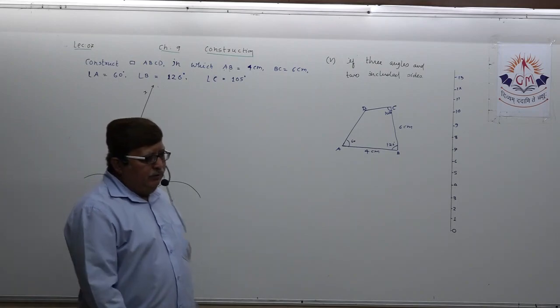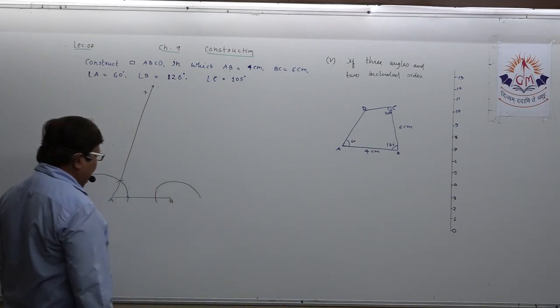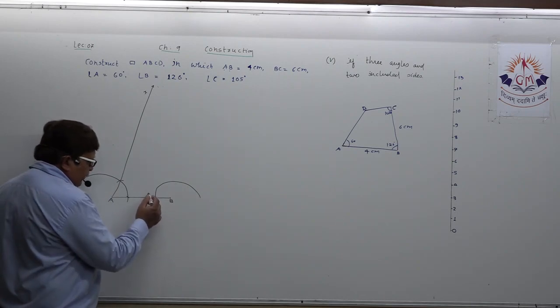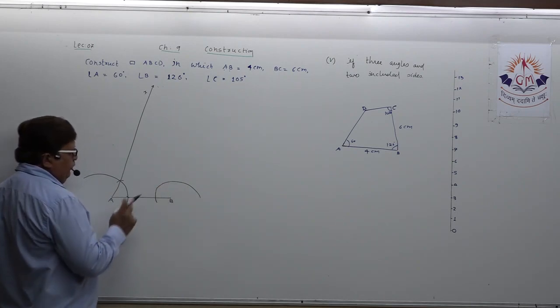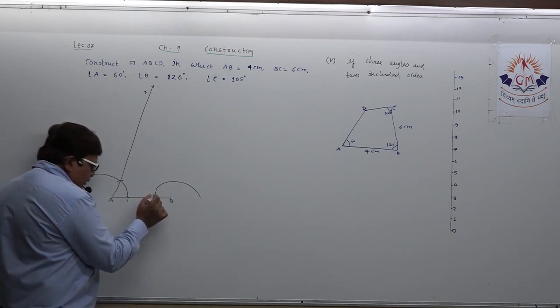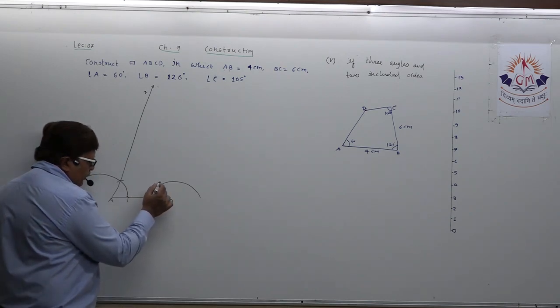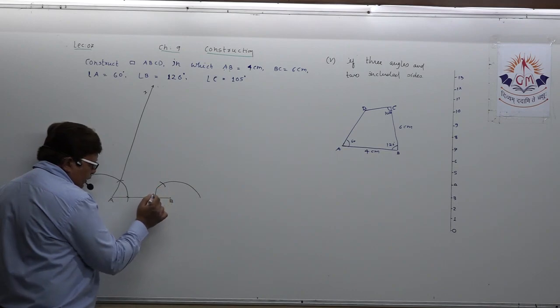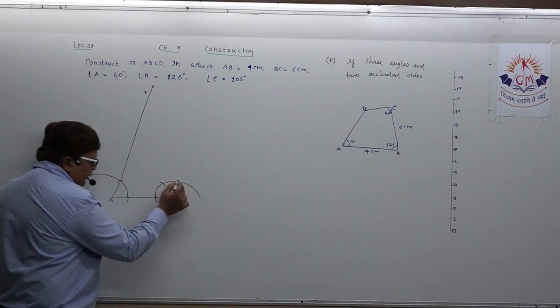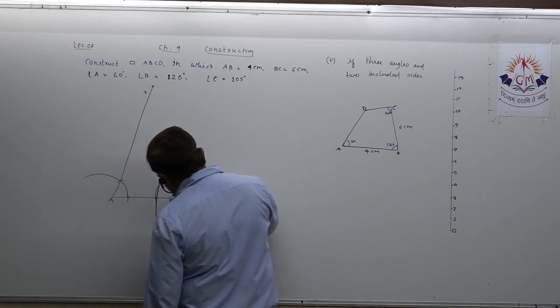Centering your compass at point B, and then taking some appropriate radius, you have to draw an arc. Now, maintaining the same radius, center your compass here, cut it once, then shift your center here, cut it twice, and then just draw a ray passing through this.